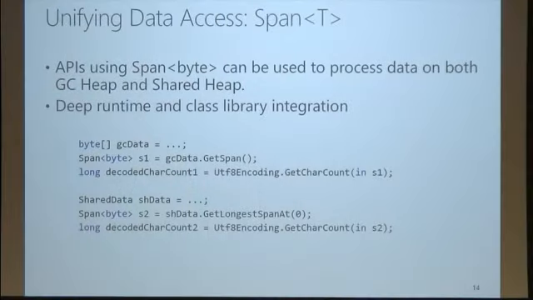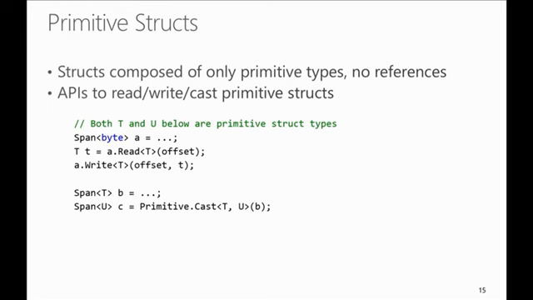You also notice when I say span, I'm using span of byte here, but up there I'm using span of T, which brings us to primitive structs. So you all know primitive types, right? Boolean, integer, double, float, char, but not strings, not objects on the GC heap. A primitive struct can have other primitive structs, and it can have these kinds of primitive types as its fields.